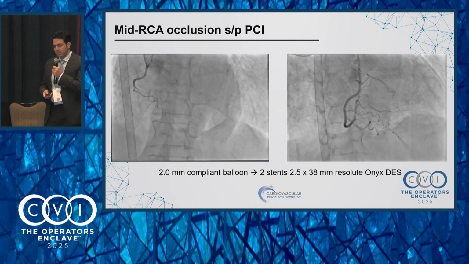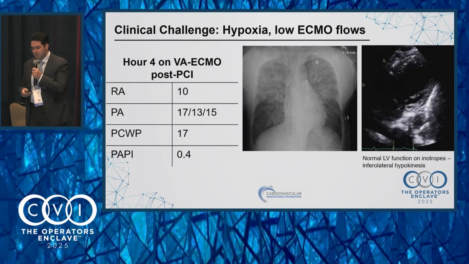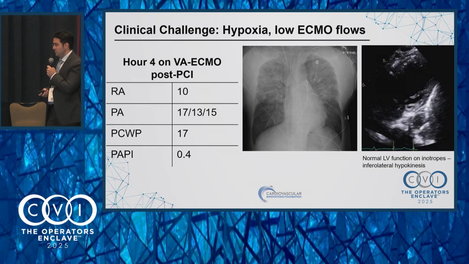And we had a good angiographic result, and the patient was transferred to the cardiovascular ICU and was being co-managed by a heart failure cardiologist and critical care anesthesia teams. And you can see that within 4 to 5 hours on VA-ECMO, the patient was developing worsening hypoxia, low ECMO flows, and the chest x-ray showed pretty significant pulmonary edema.